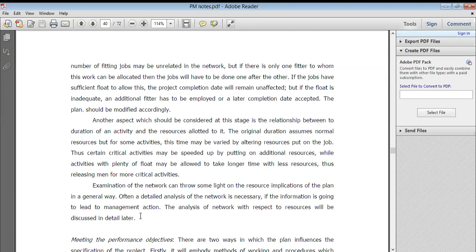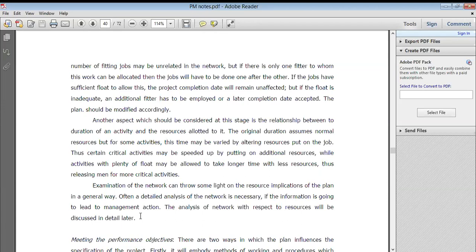Another aspect is the relationship between the duration of activities and the resources allotted to them. Sometimes the work depends on each other, so a relation is created: A with B with C with D, right?